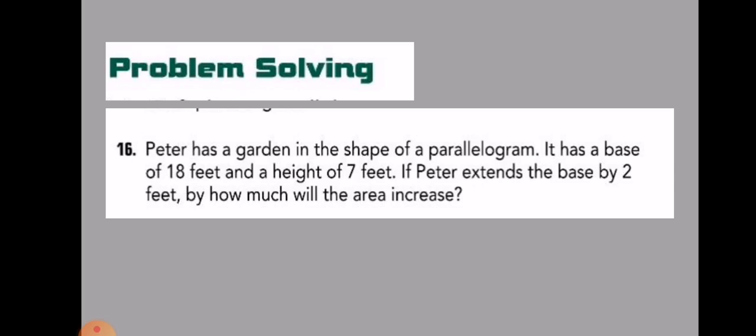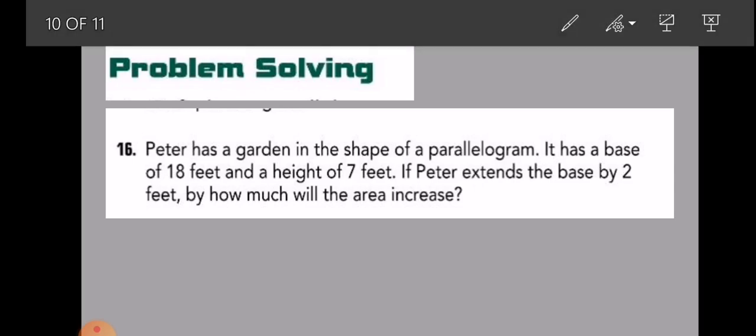It means what? Here they give you that the garden is 18 feet base and 7 feet height. Then if I want to make this garden bigger, I will make the base bigger by 2 feet, meaning instead of 18 it will be 20 feet.